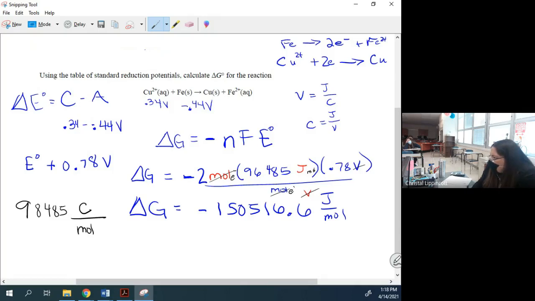So this is moles of electrons. So the mole that you have, the joule goes on the bottom, because it's coulomb over... This is why I hate physics. Anyway, they cancel out and you end up with joules per mole.